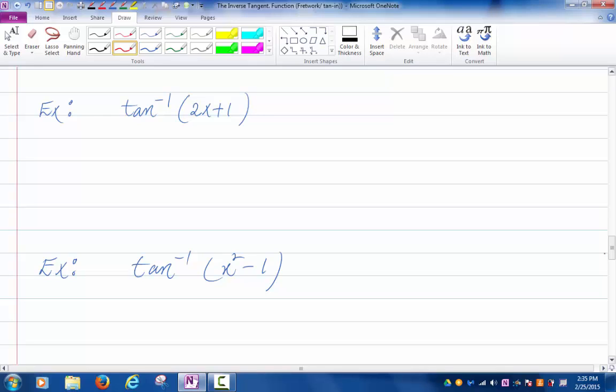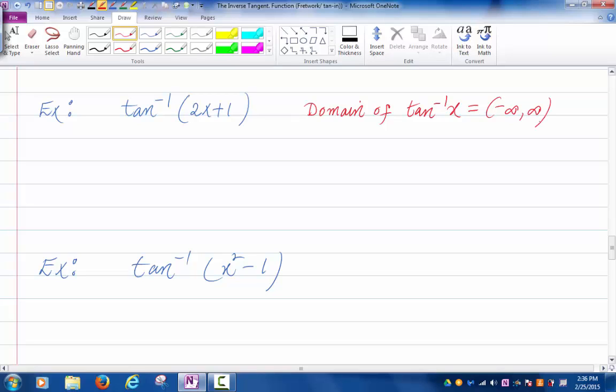The domain of tangent inverse would be all real numbers. So what's the domain of tangent inverse of 2x plus 1? Let me write that down. The domain of tangent inverse of x is all real numbers.